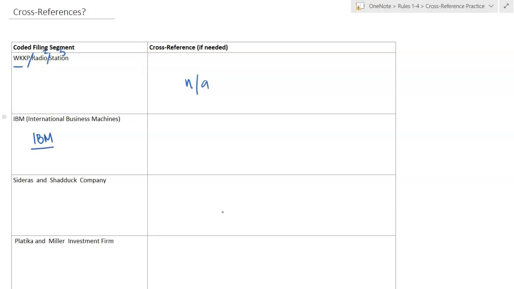The cross-reference would be for International Business Machines, with International as my key unit, Business as Unit 2, and Machines as Unit 3. My C notation would be C IBM.